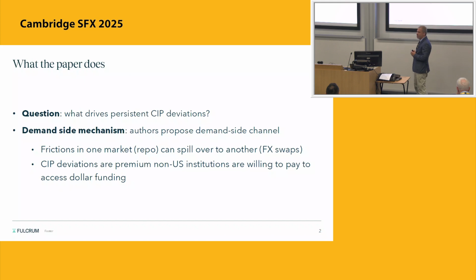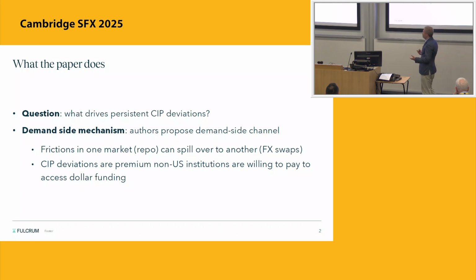So this is what the paper does. The question is, what drives CIP deviations? A simple question. The answer, as is often the case, is complicated. They provide in their paper a demand-side mechanism to answer these questions.